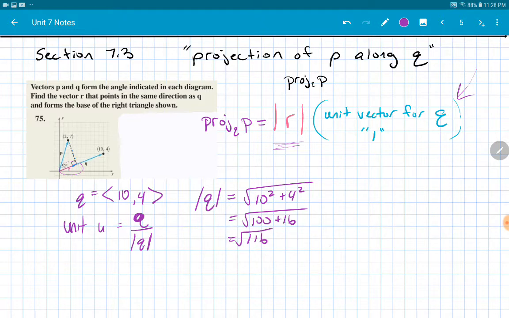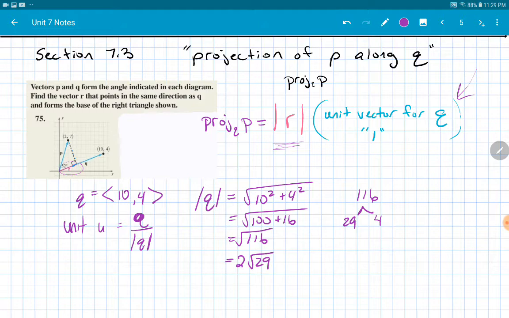That one is not a perfect square, but I can break it down. It's a factor of 4: there's 25 4s in 100, and another 4 in 16, so that's 29. The 4 comes out as a 2, so 2 radical 29. So that's my magnitude of Q.